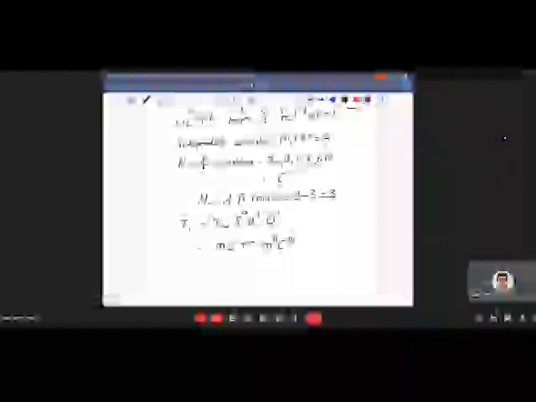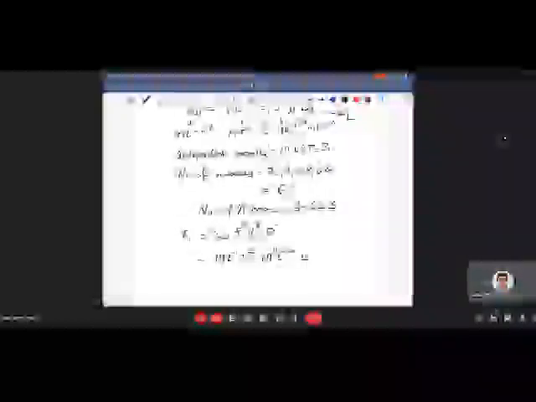V is L^b T^-b meter per second, and d raised to c will become L^c.